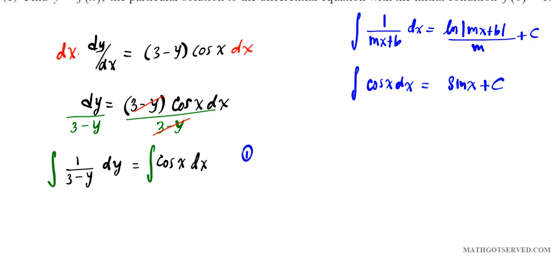So I'm going to rewrite the left side so that it's in my mx plus b format. So we have the integral of 1 over negative y plus 3 dy equals the integral of cosine x dx. So let's go ahead and integrate.